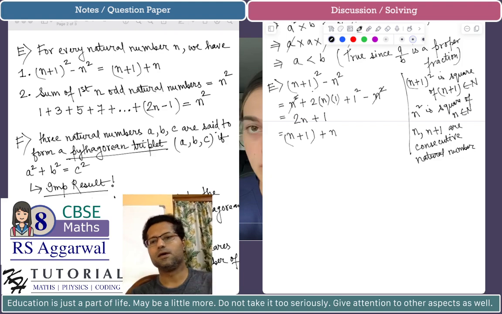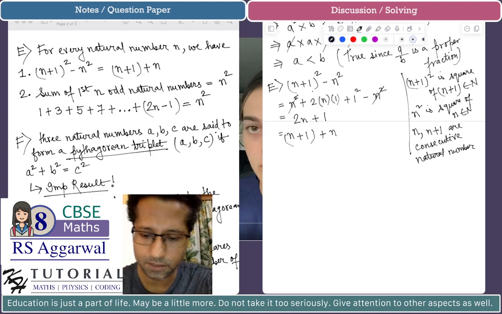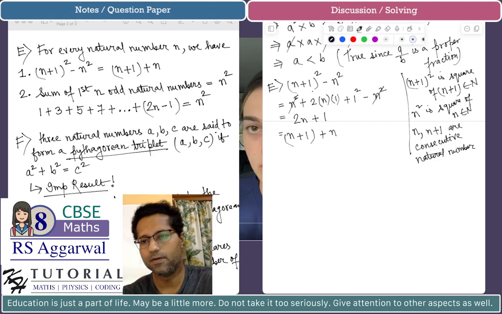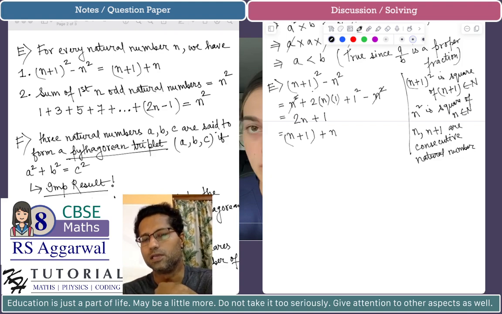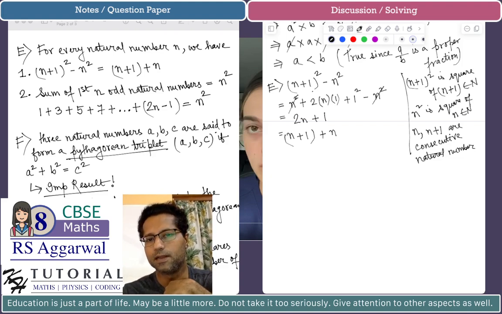So you see the difference of two consecutive perfect squares is equal to the sum of the two numbers: for two consecutive natural numbers n and n plus 1, n plus 1 square minus n square is equal to the sum of n plus 1 and n.